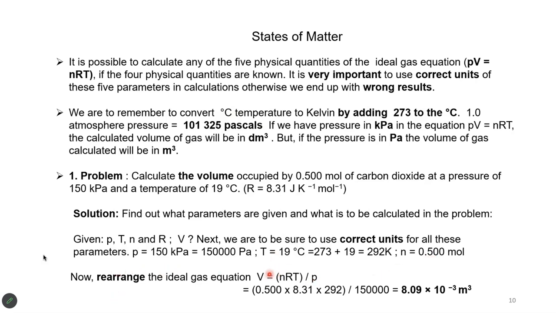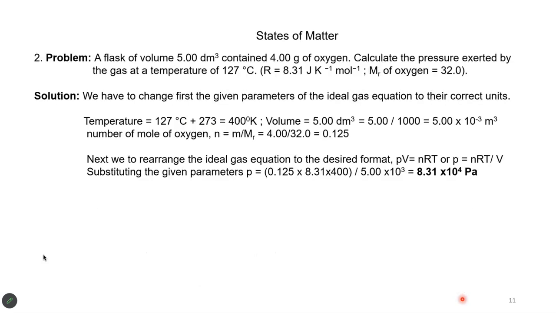So if we rearrange the ideal gas equation to find the volume, V is equal to nRT by P, and put in all the given values, we find that the volume of the gas in the problem is 8.09 times 10 to the power minus 3 cubic meters. The second problem is this, and with this second problem we finish our lecture, which I have given for almost more than 20 minutes or so.